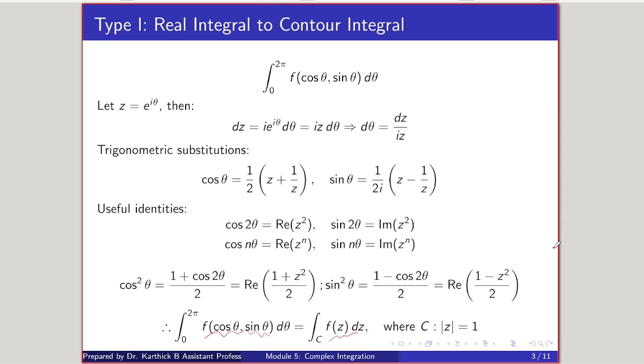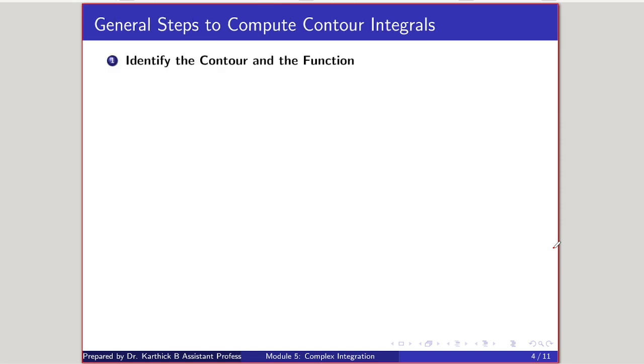Here we assume that curve as a unit circle, mod z equal to 1. We convert the 0 to 2 pi limit of the integral into the integral over c as mod z equal to 1. And I have given the general steps to compute the contour integral of type 1.